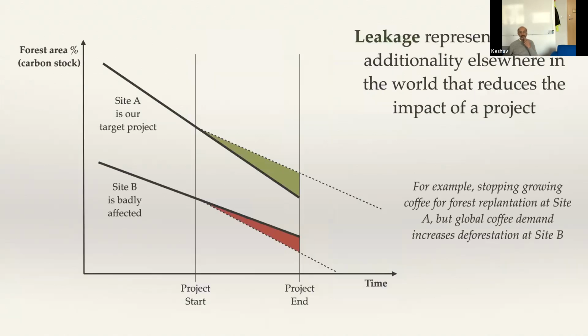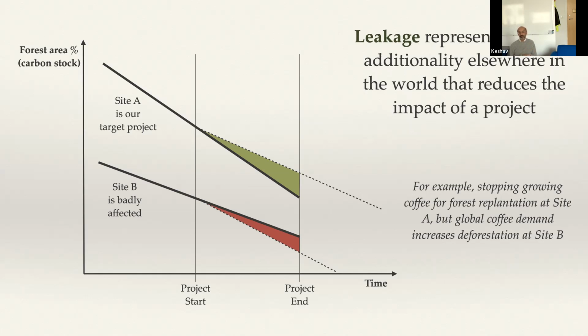So here is how we represent the leakage. Here we have the same kind of graph as before. On the x-axis, again, I have time, and y is the carbon stock. In the upper graph, site A is the target project, where we've got everything additional that's nice and clean, but the counterfactual side has actually had a lot of deforestation happening.